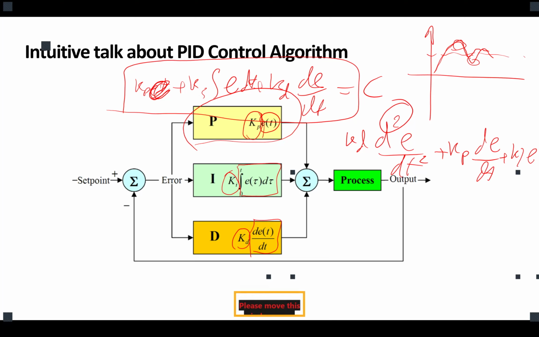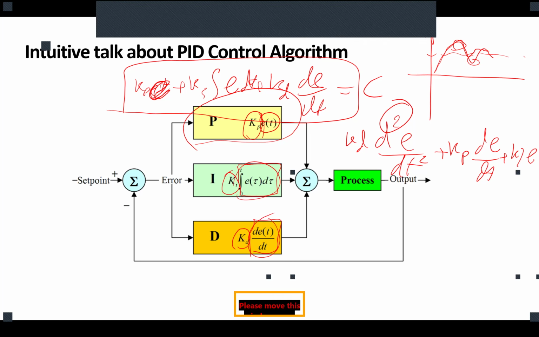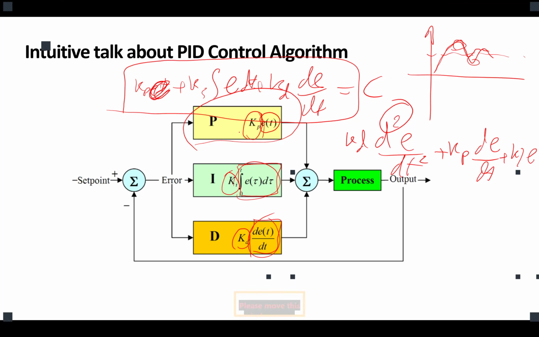Now, this is the error signal, the integral and the derivative. What does the K do for us? Because we are tuning those gains in order to get different types of action from our control system. Let's focus on only proportional.